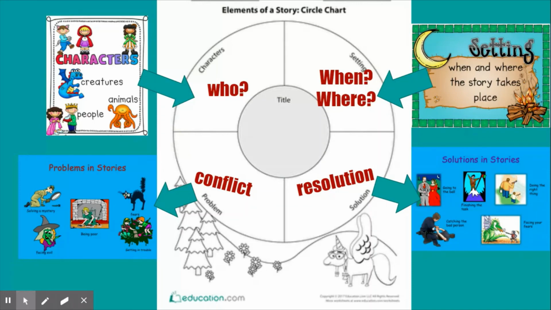If you notice my illustration, for the person that was poor, she married a prince, right? And catching the bad person if you're facing evil, right? Facing your fears by killing the dragon, right? So there are different ways to find resolution. In my story, they actually caught the killer before he killed anyone, right?